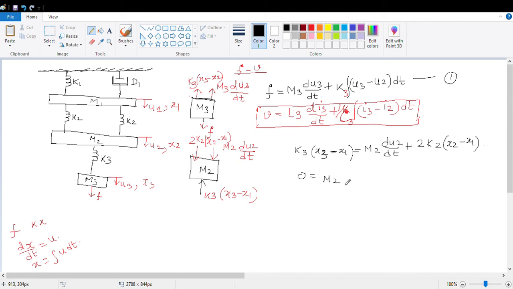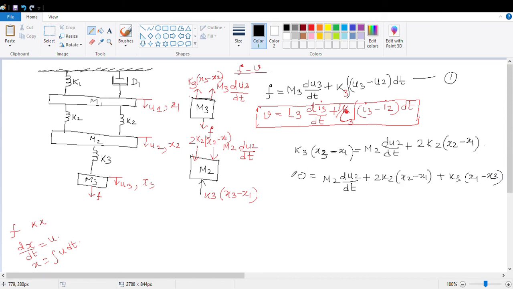I am writing m2 du2/dt plus 2k2 times x2 minus x1 plus k3 times x1 minus x3 in this way.